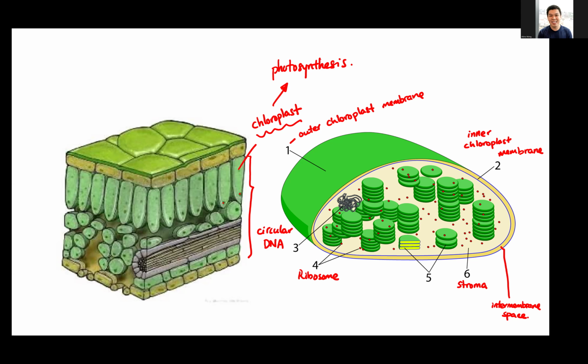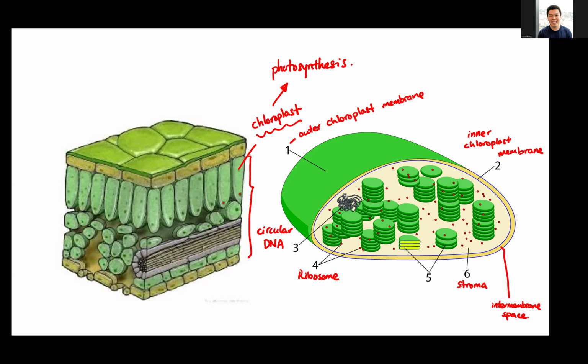Then you have this disc-like structure, which I like to describe as the choco pie inside the choco pie. If you don't know what choco pie is, it's just an Asian snack that thylakoids kind of look like. It's a disc-like structure which is also made of membrane.